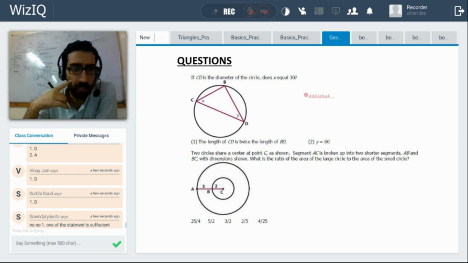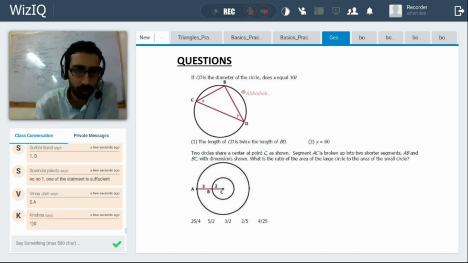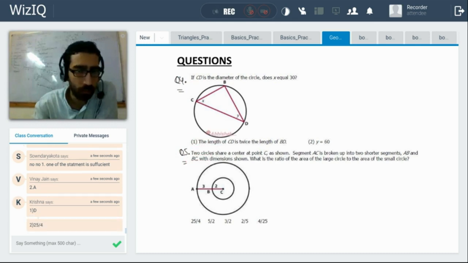So, Sandhya, D means that either statement alone is sufficient in this question. This is question 4, since we had seen the last two. Let me just mark this as question 4 and question 5. If you've taken 1 and 2, there's no problem.